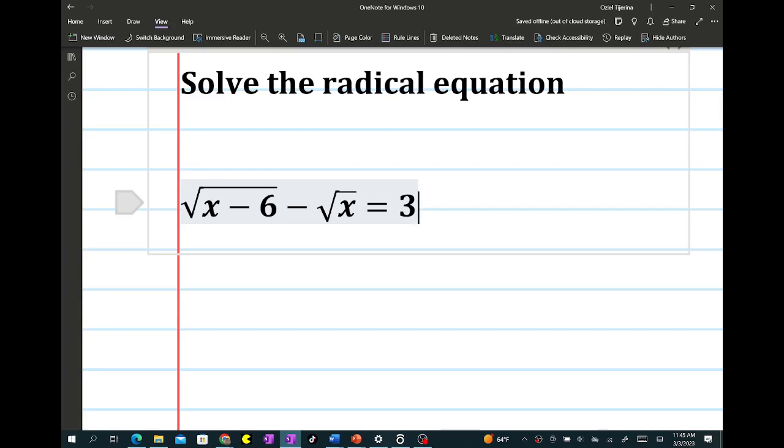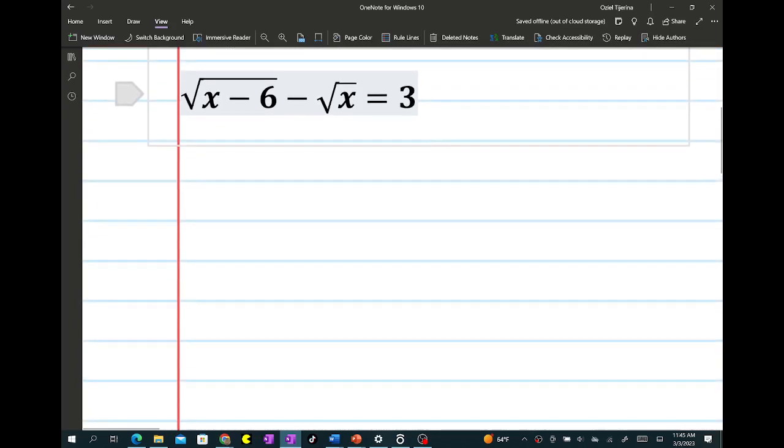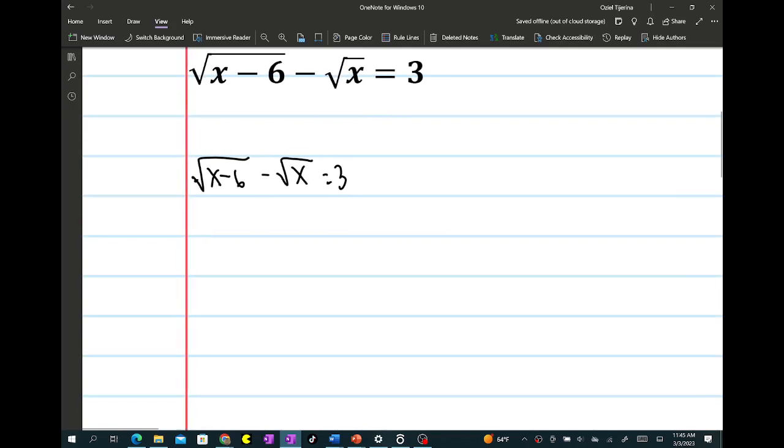I don't know if we ever went over radical equations, but I want to go over it because this one takes a little bit of algebra, and I want to show you just how to do it.